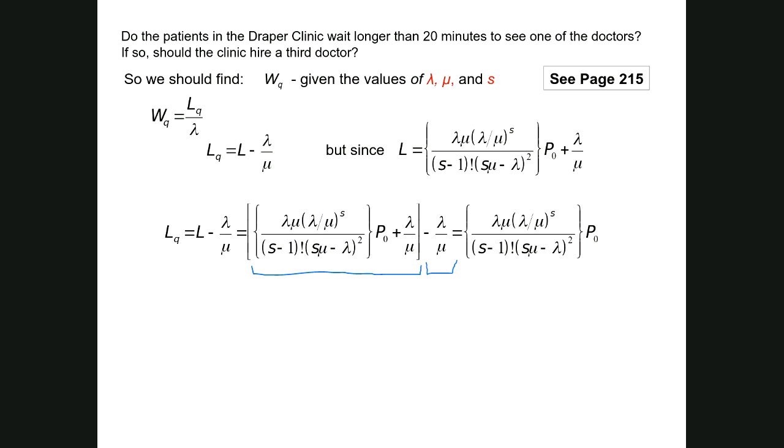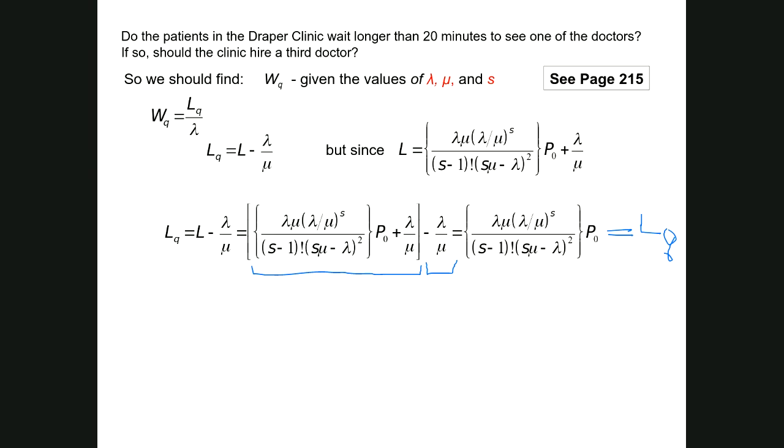So what this leaves is just this portion, and this term ends up being L sub Q. So we can save a step of computation by doing a little algebra.